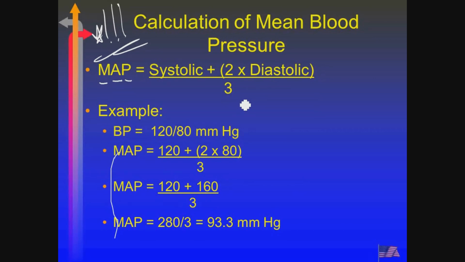If you think about it, I don't know if this is truly true, but you spend twice as much time in diastole as you do in systole. So if I want to know what the average pressure is, I have to account for both of those times. So if my blood pressure was 120/80, 120 plus twice that 80 divided by 3, or 280 divided by 3, or 93.3.